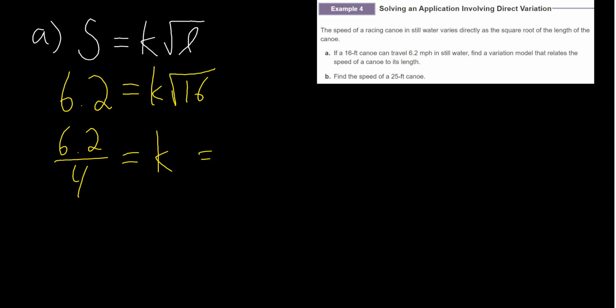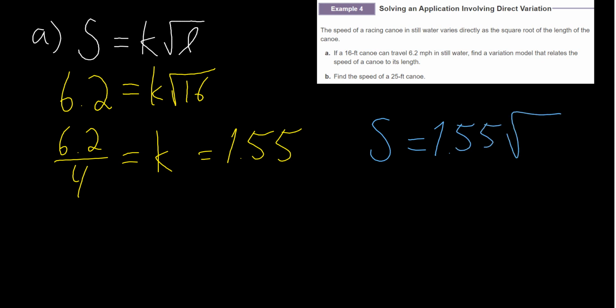So k is equal to 1.55. So my equation that relates the speed of the canoe and the length of the boat is going to be S is equal to 1.55 times the square root of L.